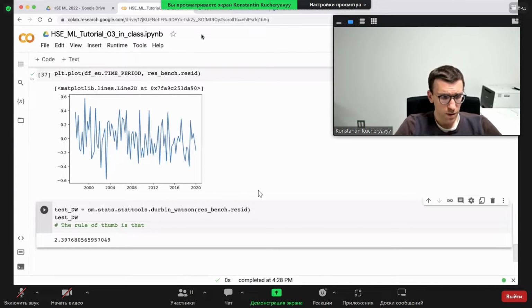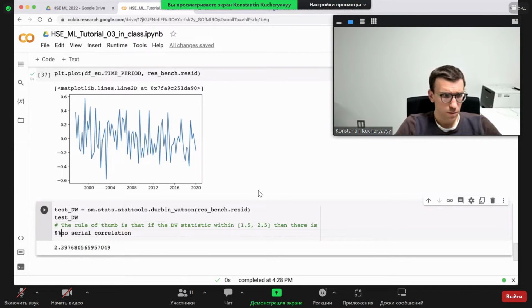So is that within, then there is no relation. So we are kind of on the edge, but perhaps there is no serial correlation. We conclude that there is no serial correlation.